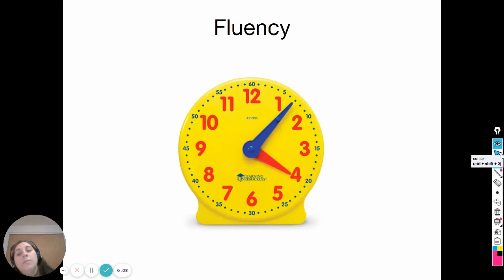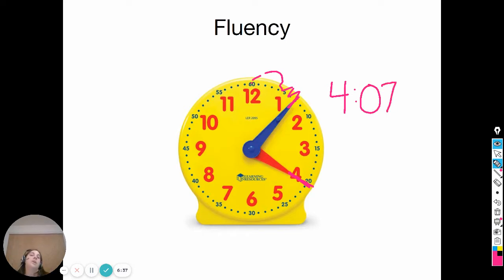Okay, so if you look, this hour hand is barely past that 4 there. So it is 4. And the minute hand here, let's go ahead and count by 5s. 5, 6, 7. So that's another 07. Okay, 4:07.